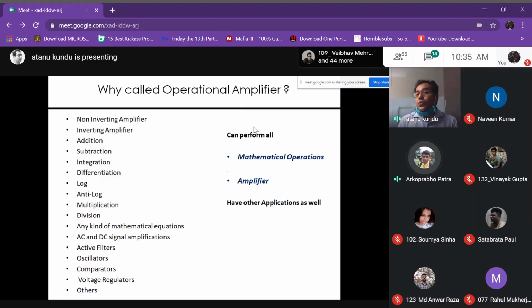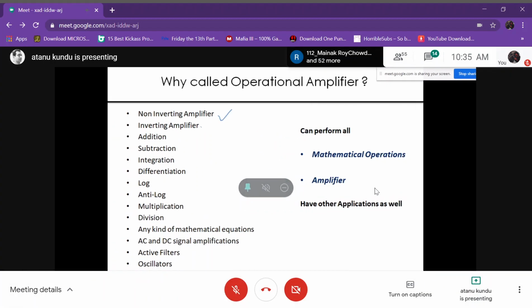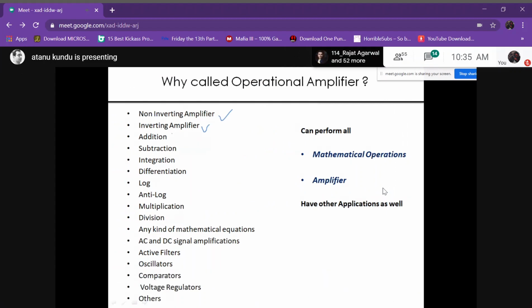Now, what type of operations can it perform? It can work as a non-inverting amplifier and an inverting amplifier, which you have already studied in basic electronics, I guess. If not, I'll discuss it once again, no problem.